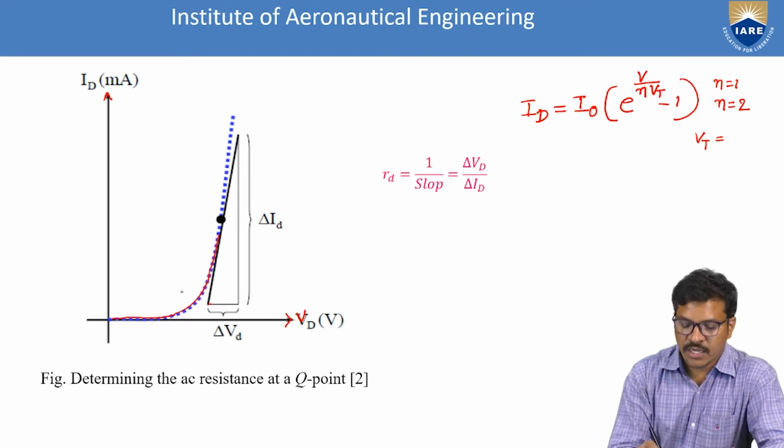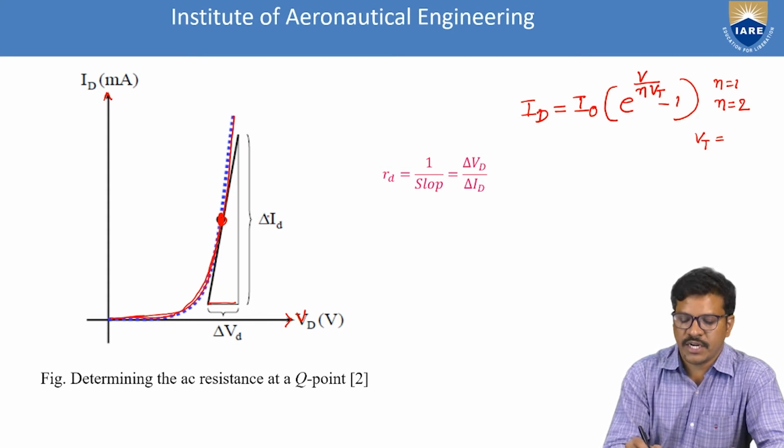If it is a VI graph, the VI curve is like this. Take a tangential line passing through the Q point, with the change in the x direction and the change in the y direction, delta Id.